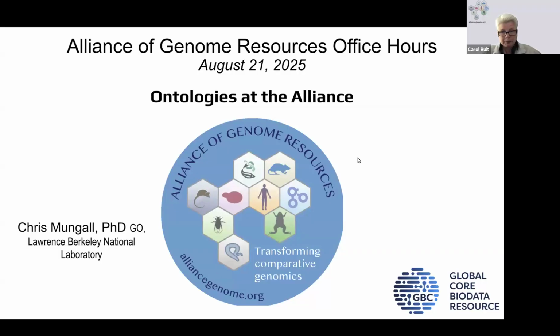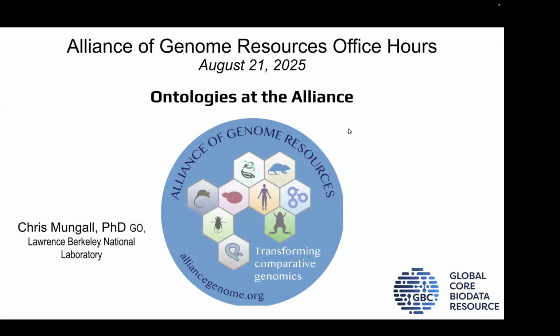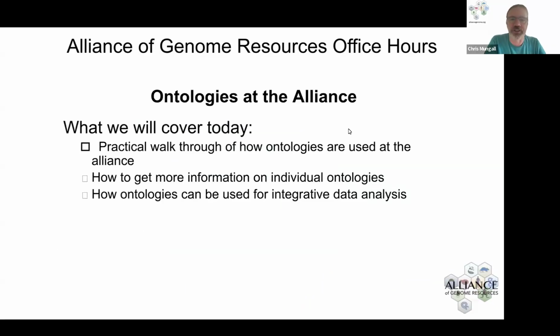Okay, thank you, Carol. Yeah, so I'm part of the Alliance. I'm one of the PIs on the Gene Ontology project, and the Gene Ontology is, of course, a part of the Alliance. So I'm going to be talking about how ontologies are used in the Alliance.